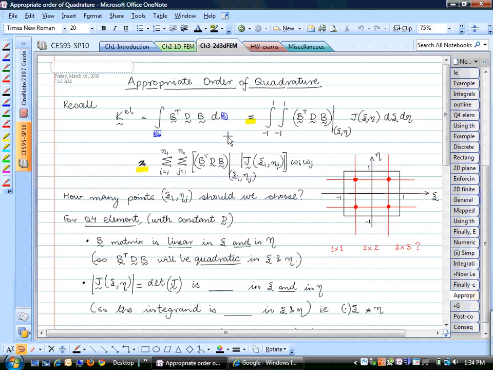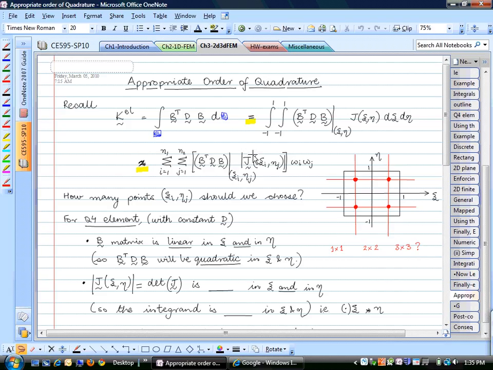If I want to integrate this, this is exactly equal to the mapped area. And this mapped area is approximately equal to the numerical values. So for example, if you were to use 2 cross 2, you would take the function value at this point, multiply it with this area, take the function value at this point, multiply it with this area, and so on. That would be your approximate integral.